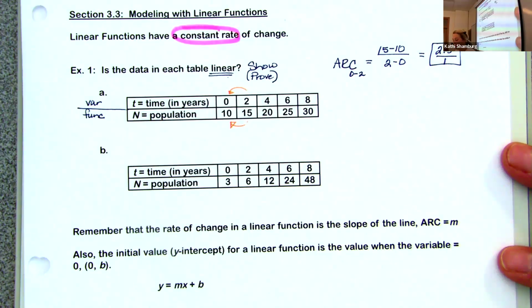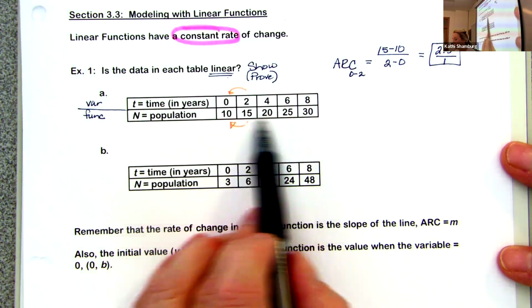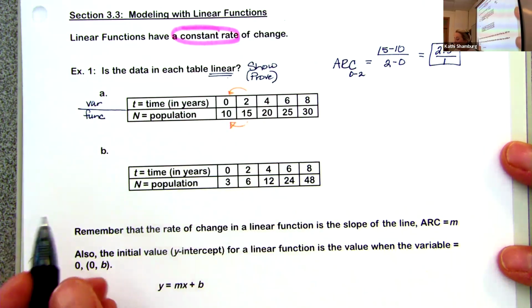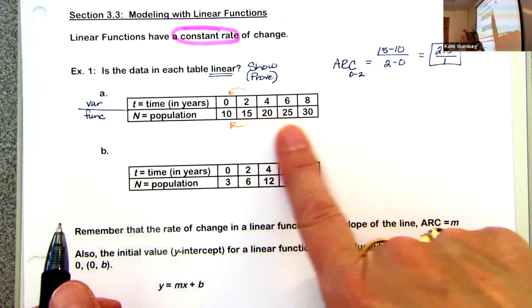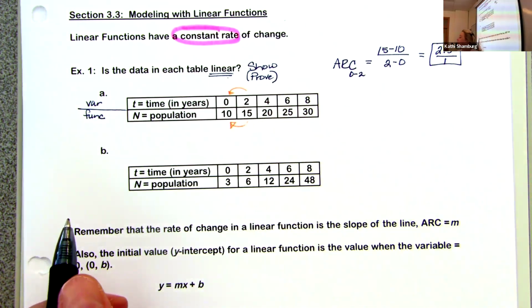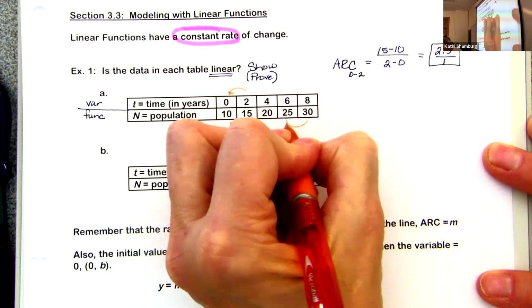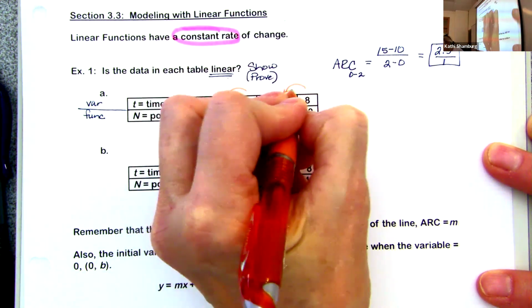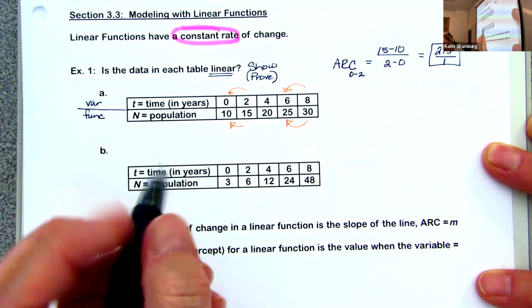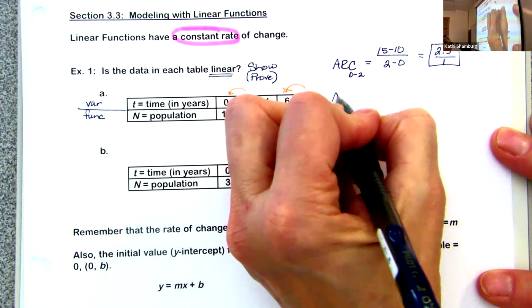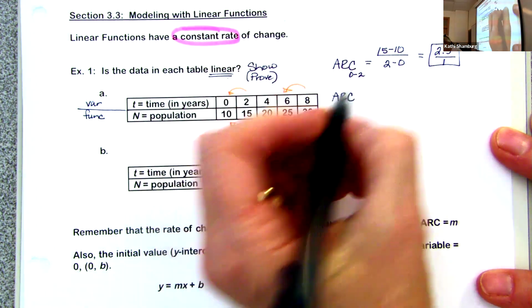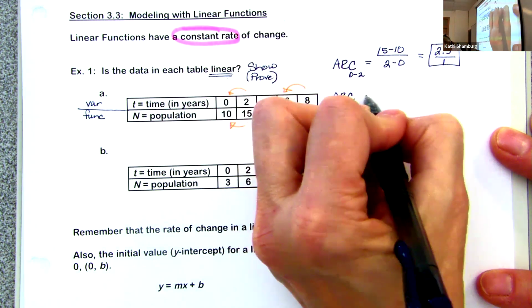Now, if this table has a linear correlation, any of the other ones will have what average rate of change? The same, 2.5. It would be constant. So then what I would want you to do is go and pull the last 2. So then we're going to look at the average rate of change from 6 to 8.